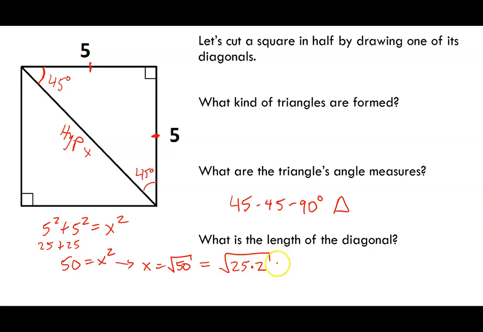If you do that, you can break the square root up into both of the square roots separately, and then when you see the square root of 25, you know that can just become 5 square root 2. So the hypotenuse, or the length of the diagonal in this case, is just 5 square root 2. That might not seem like a very interesting conclusion, so let's take a look at another example.